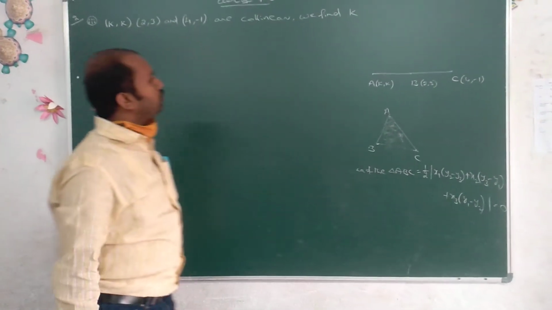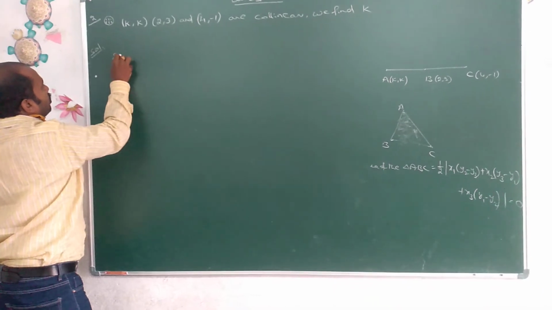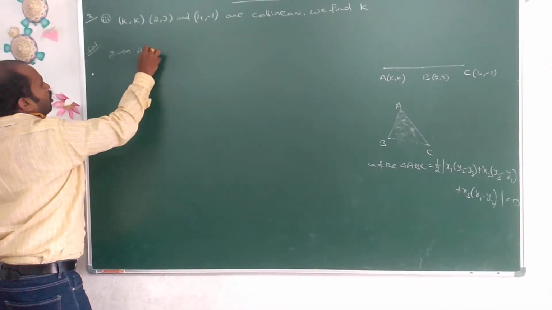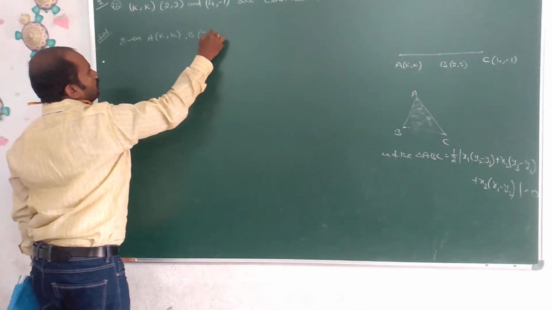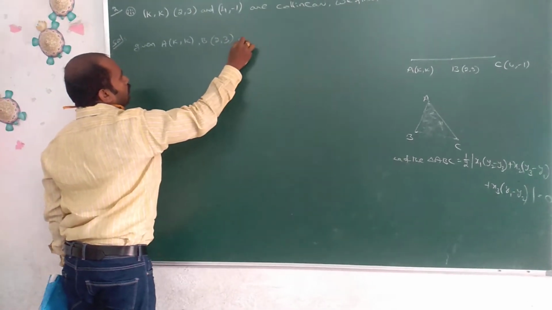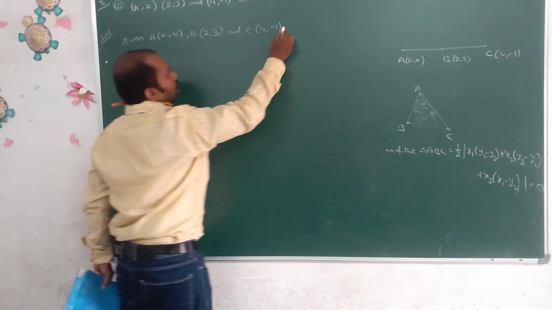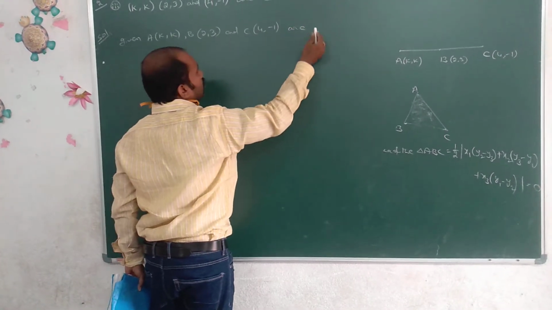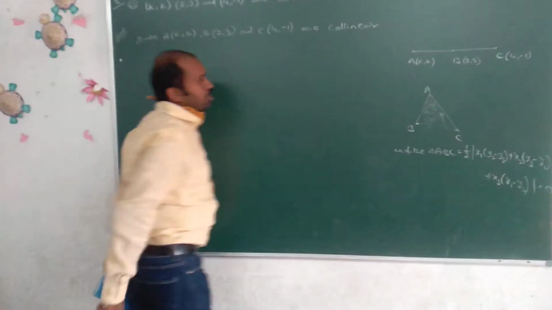These are the given points. Now we write solution. Given A, K comma K, B 2 comma 3 and C 4 comma minus 1 are collinear. These 3 points are collinear.